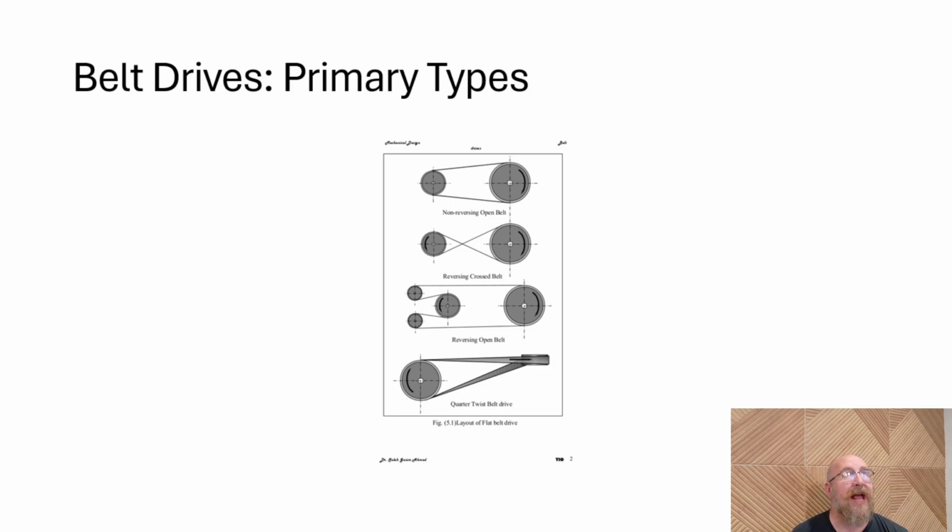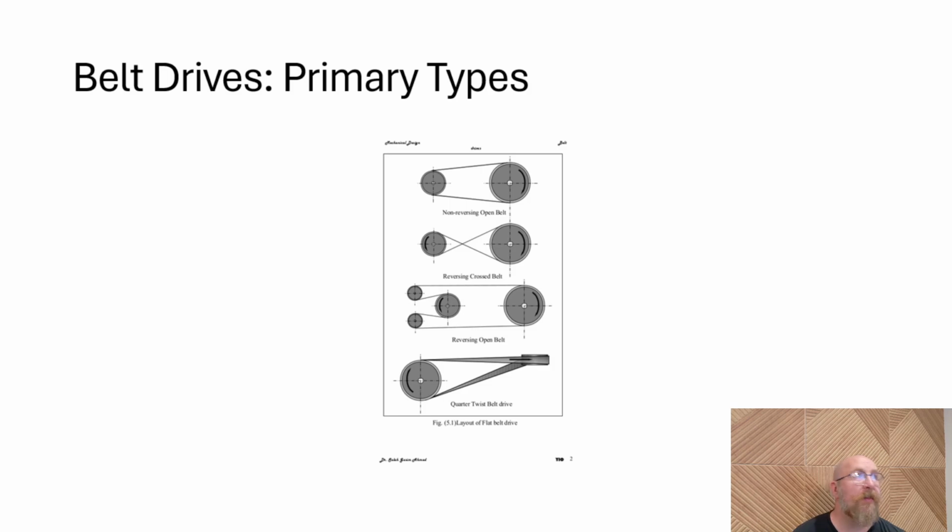So you can have belt drives that have multiple geometries about how the belt is wound around those sheaves. If you take, for instance, the non-reversing open belt that you see at the top, the input rotation direction is the same as the output rotation direction.